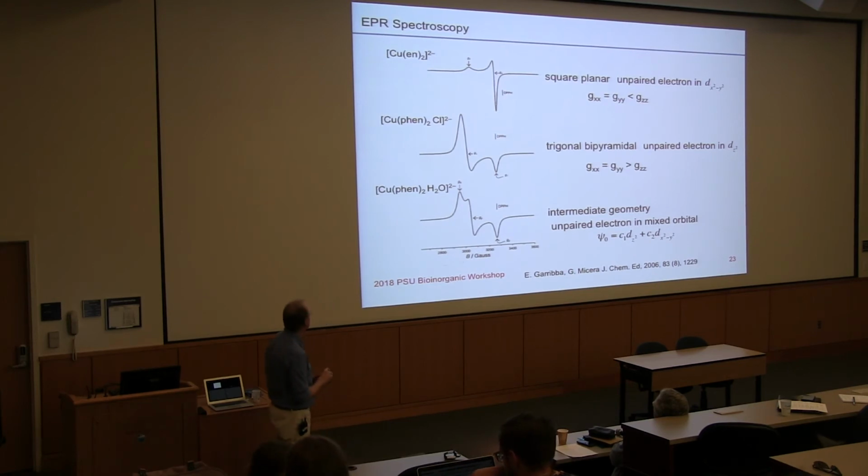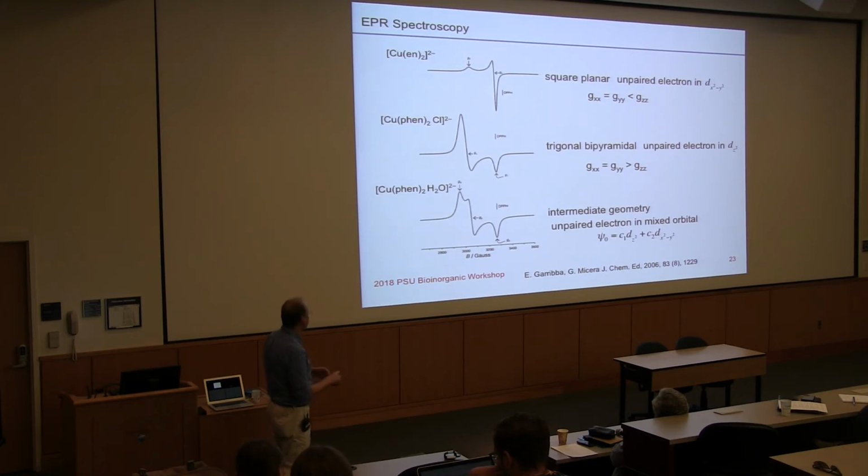Right? On the other hand, if we go to a trigonal bipyramidal system, the unpaired electron would now be in dz squared, and if you go through this operation, the equation would predict that gzz now would be lower, and x and y would be equal as well, and so we would get this particular shape here.